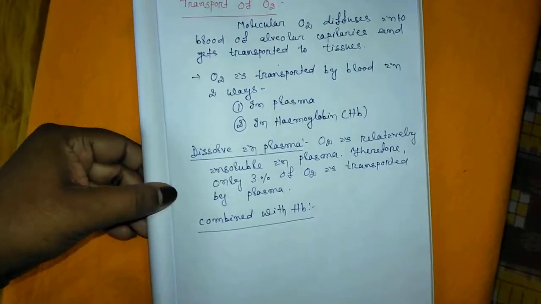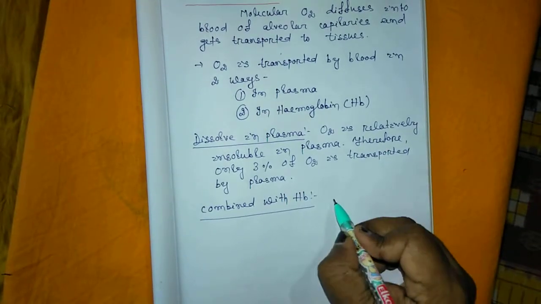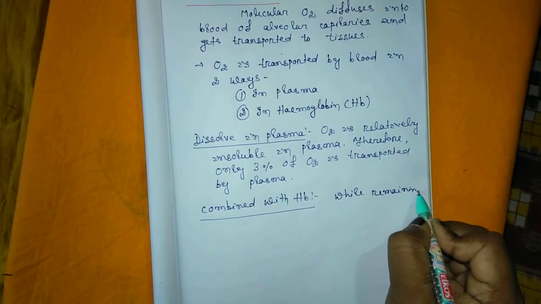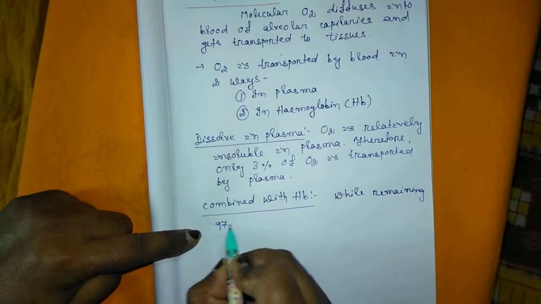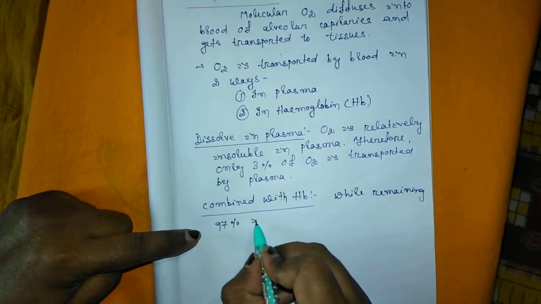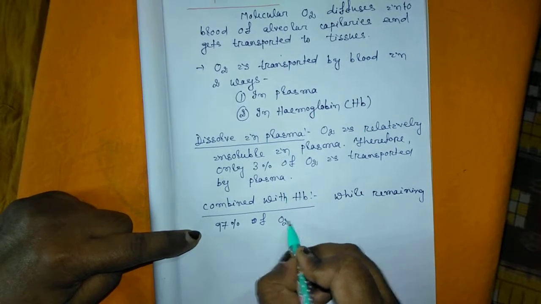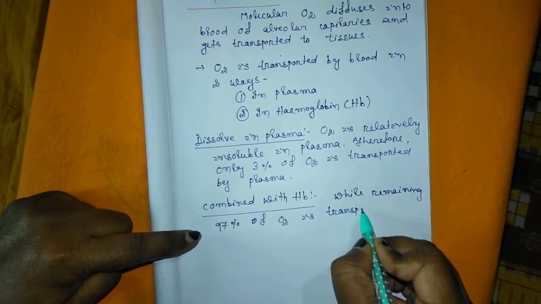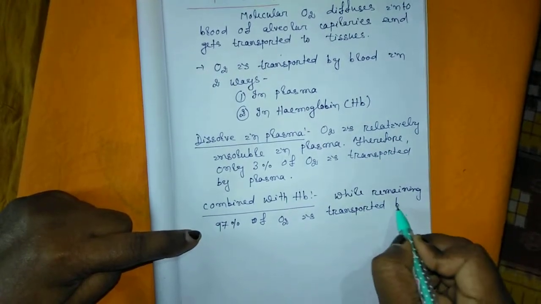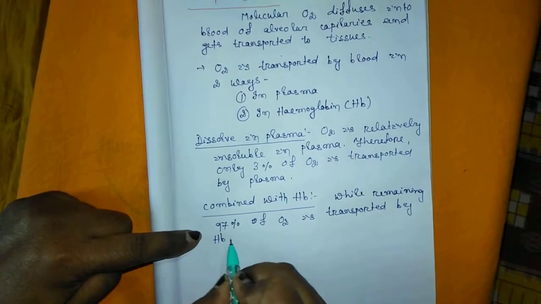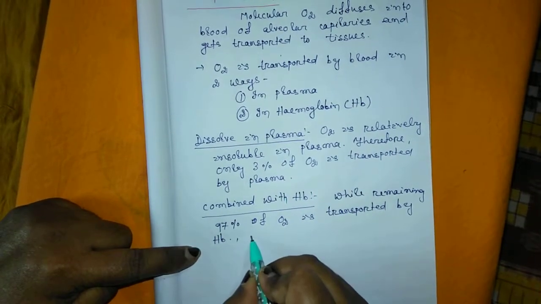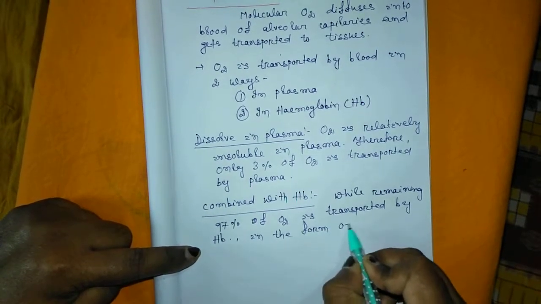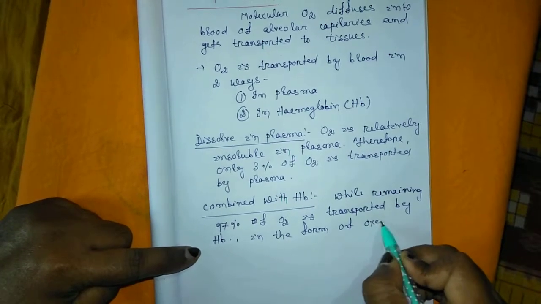So the remaining 97% of oxygen is transported by hemoglobin in the form of oxyhemoglobin.